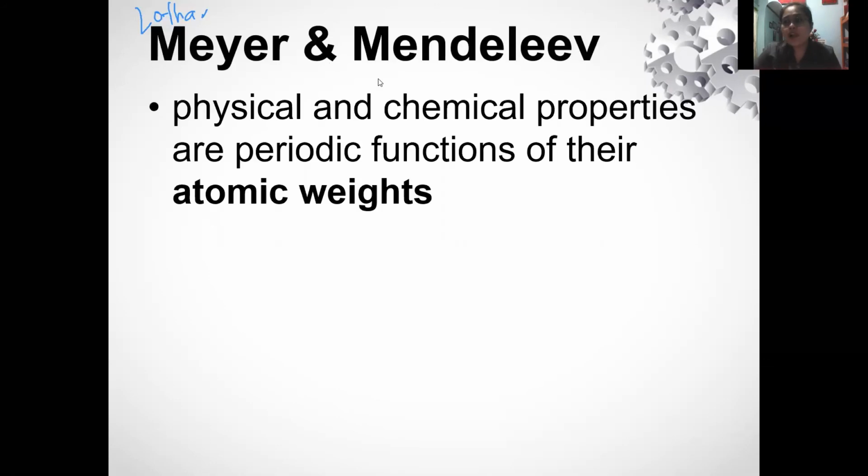So, gumawa naman sila ng periodic table, pero yung arrangement ng mga elements ay according to their atomic weights. So, according to the two, the physical and chemical properties of the elements are periodic functions of their atomic weight. So, ipinasunod nila ang mga elements ayon sa atomic weights. They arranged it. So, ayun, meron na tayong periodic table.